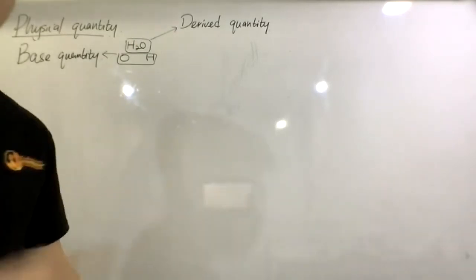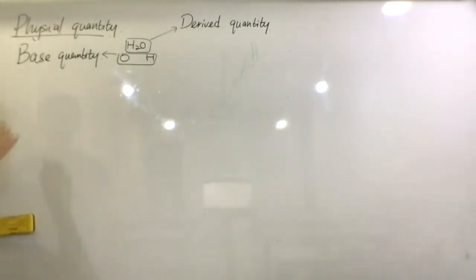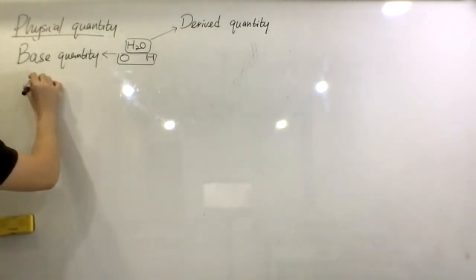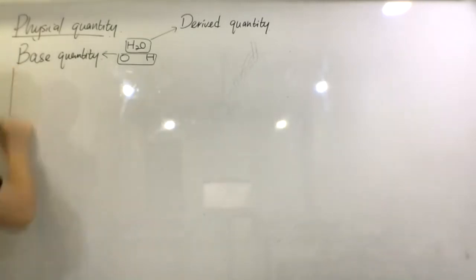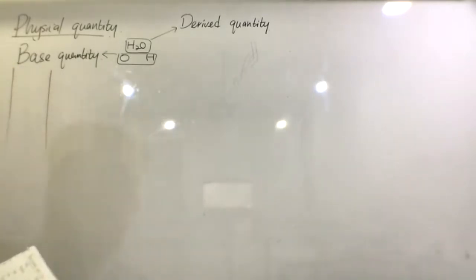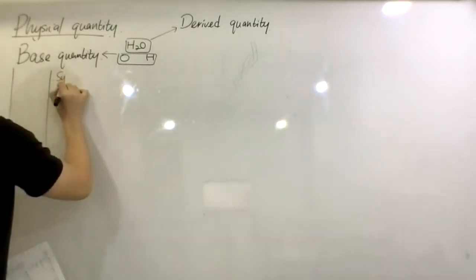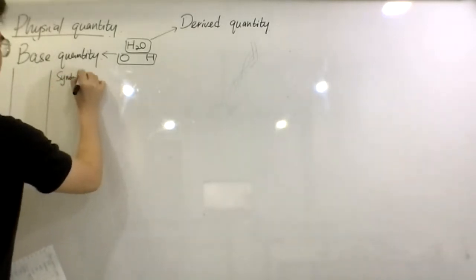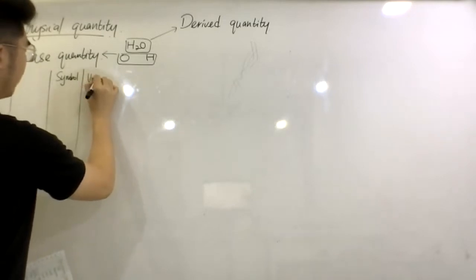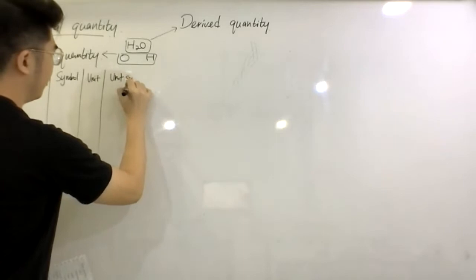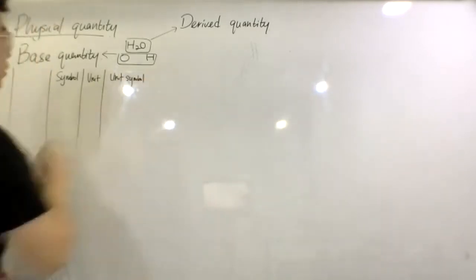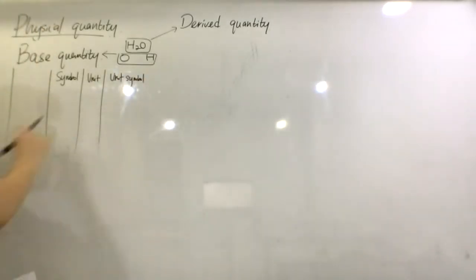What are the common ones? All these you need to remember, right? We will create a table like this. First, the quantity, and then a symbol, and then the unit and unit symbol. We do the base first, then later we'll go to the derived, everything, okay?